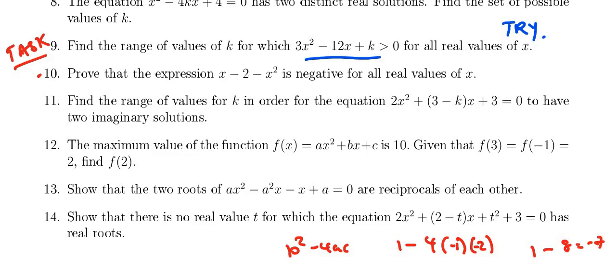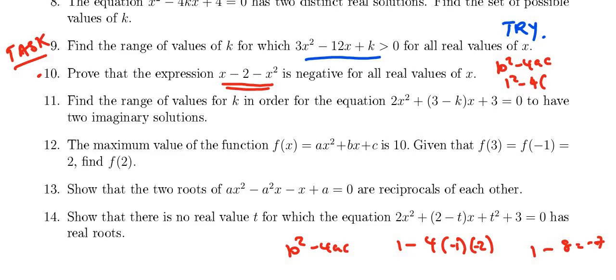So number 10, they're saying prove that the expression is negative for all its real values of x. This thing is always going to be negative. How can we know that? We're just saying replacing the discriminant for AC. So we're just going to say your B is what? Your B is 1, right? The coefficient of x, and square it minus your 4.